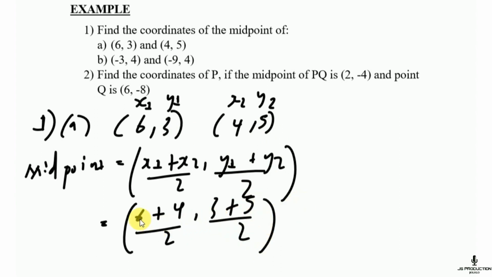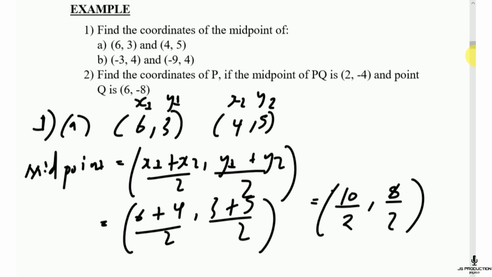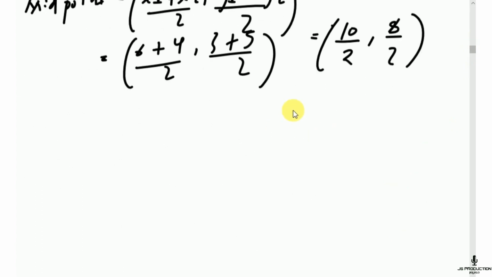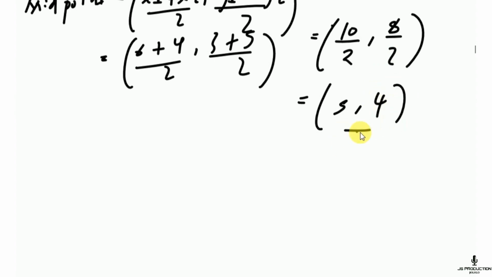So 6 plus 4, that's 10, divided by 2 comma 3 plus 5, that's 8, divided by 2. And from this I can say 10 divided by 2, that's 5, comma 8 divided by 2, that's 4. So our midpoint there is 5 comma 4. Let us look at 1b.